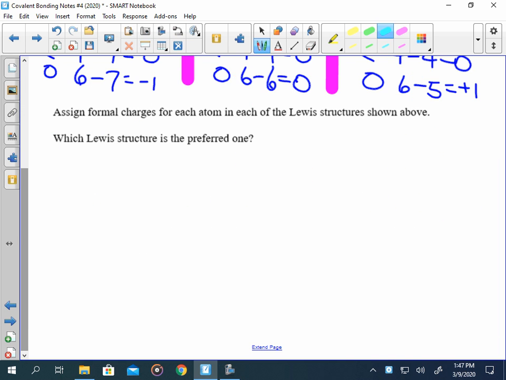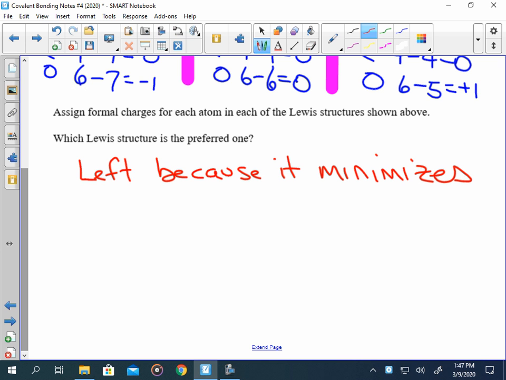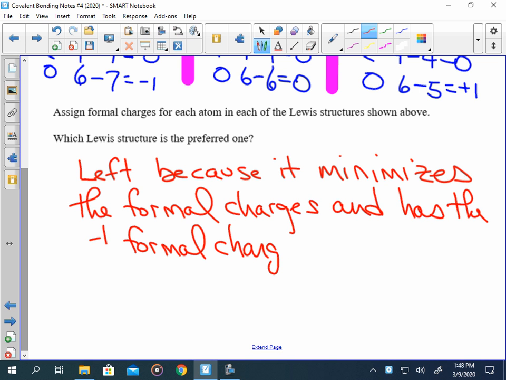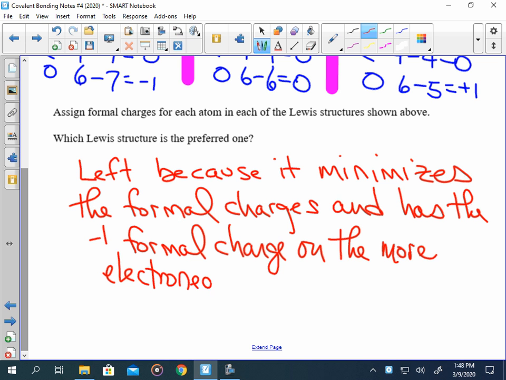How do we write this? Here's the A+ answer right here. The one on the left is the best because it minimizes the formal charges and has the -1 formal charge on the more electronegative oxygen.